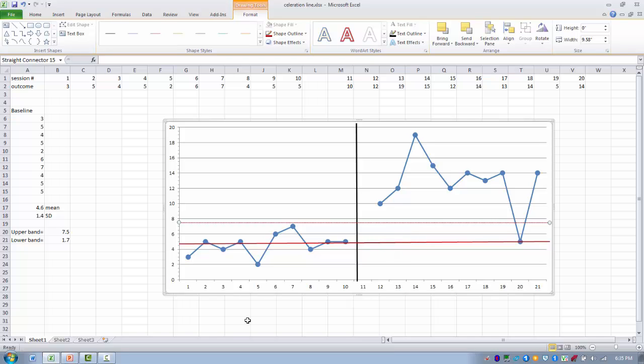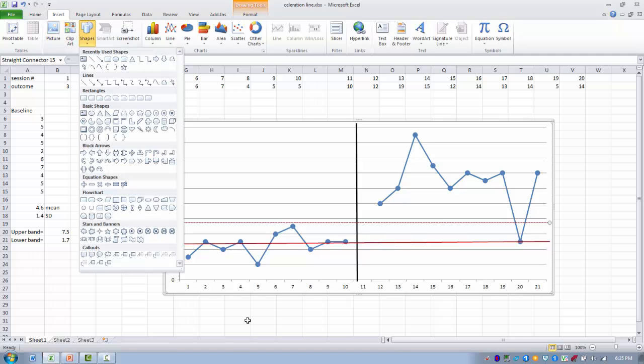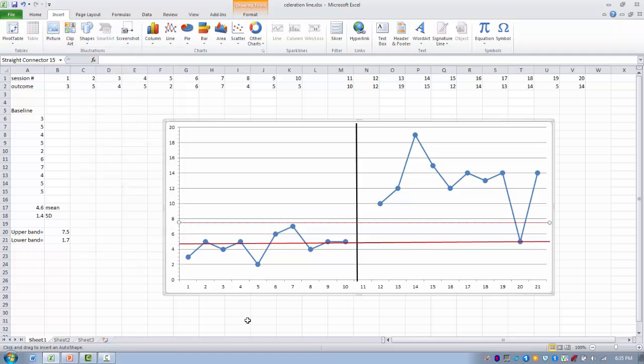And I'm going to do the same thing for the lower end of the range. So I took my standard deviation, doubled, and I subtracted it from the mean, and that gives me my lower band, and that's going to be 1.7. So I'm going to go ahead and insert another line, find the 1.7, again approximating that as best I can, and moving this line horizontally across the graph.